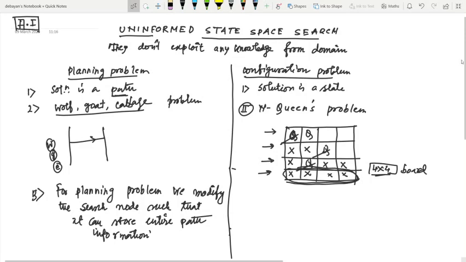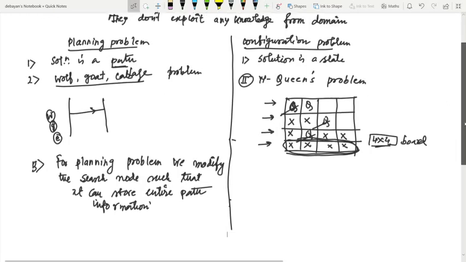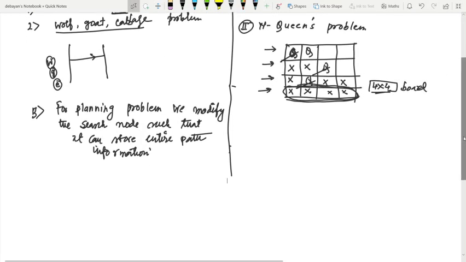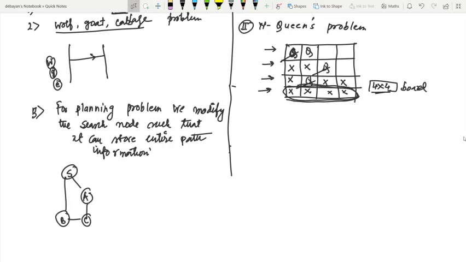If we take an example, what does it mean? Say the graph is like this: A, B, C, E, F, G, D, a graph like that.